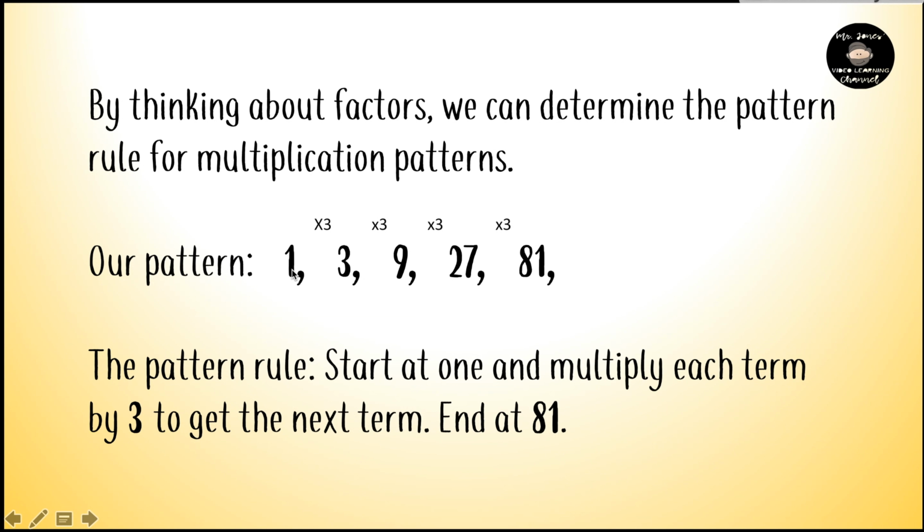So 1 can be multiplied by 3 to get 3. So often the first two terms in our pattern, when it's a multiplication growing pattern, will give away what the factor is and what the rest of the terms will be multiplied by. So in this case, the pattern rule is start at 1 and multiply each term by 3 to get the next term, ending at 81.